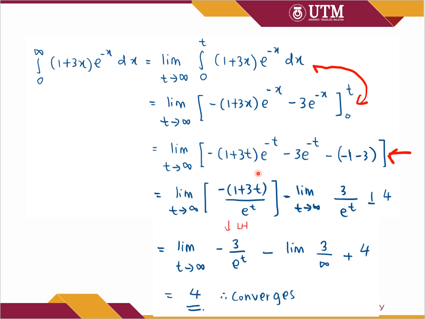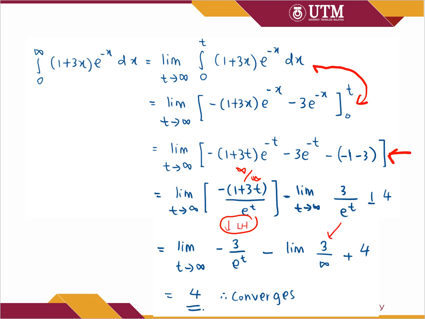We have three parts: the first part is this one, the second part is this, and the third part is this one. So for negative 1 plus 3t over e to the power of t, when you substitute t approaching infinity, you will get infinity over infinity. So this is where you apply L'Hopital's rule, and you will get negative 3 over e to the power of t.